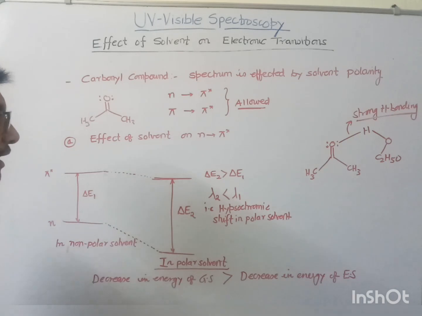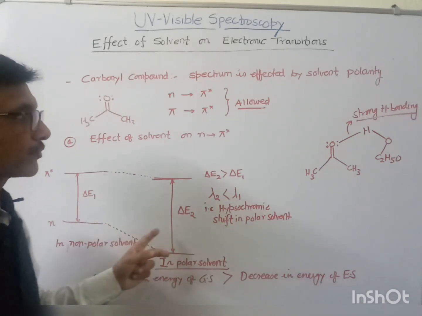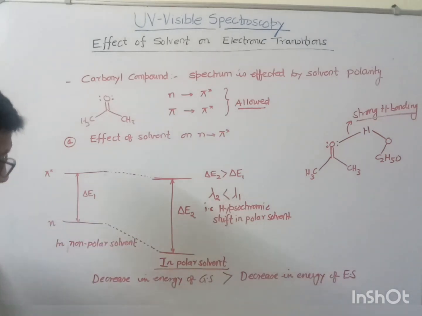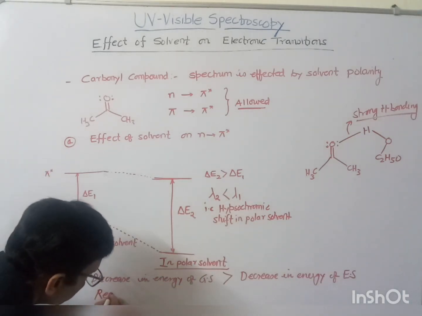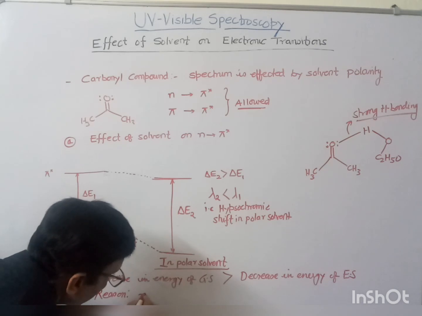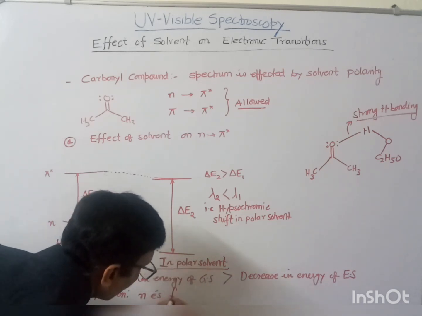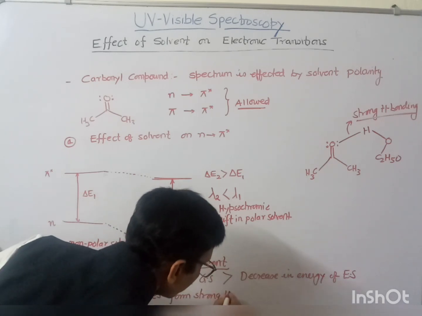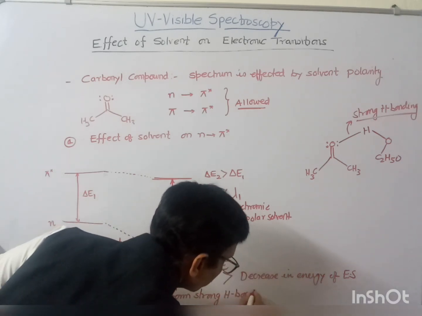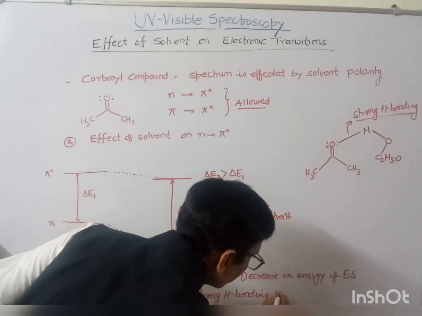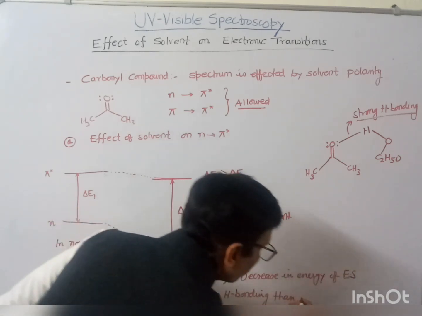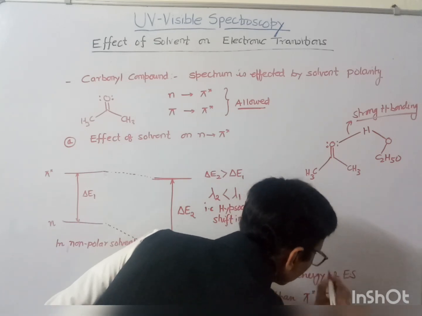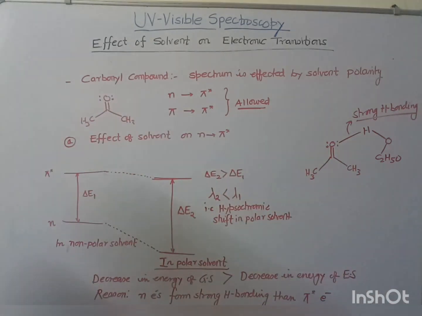What is the reason? The reason is that the n electrons form strong H bonding than the pi star electrons, when the electron is present in the pi star orbital. So this is the reason.